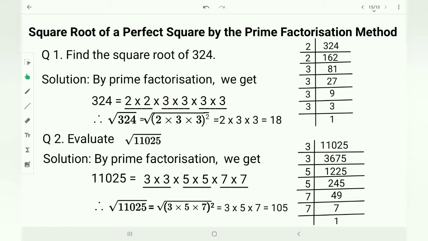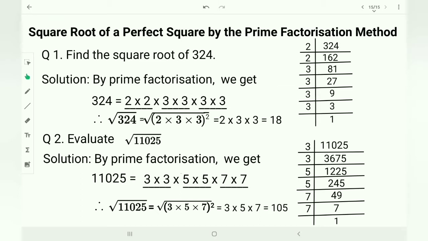First of all, you will calculate prime factors of 324 using the prime factorization method. So here you can see I have calculated prime factors of 324 and I have got 2 times 2, 2 times 3 and again 2 times 3, means 4 times 3.